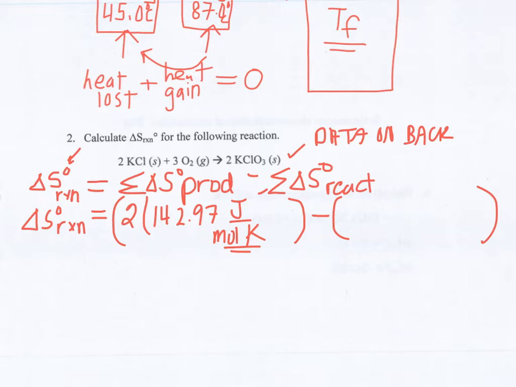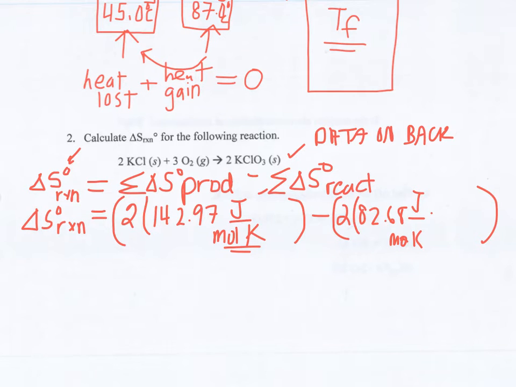From a data table, you get the right units. Minus, now the reactants. Potassium chloride is a reactant, you looked that up, so there are 2 moles of it, so it's 82.68 joules per mole Kelvin.